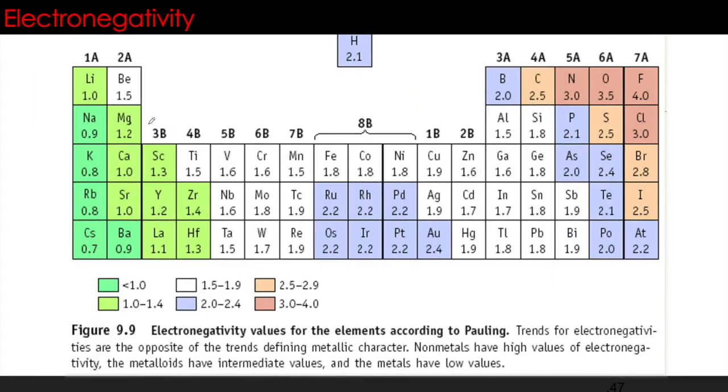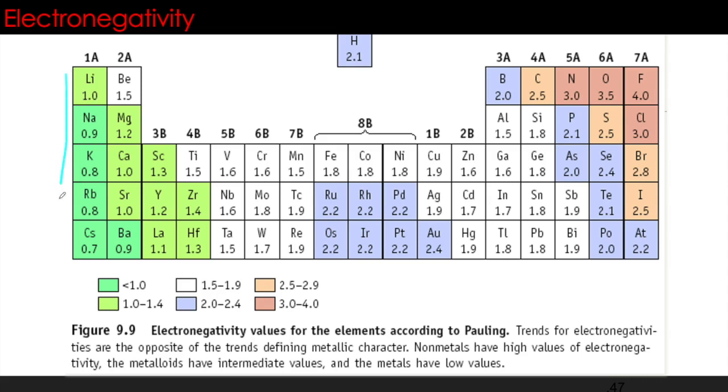There are some values written down in this slide, and these values are the electronegativity values according to Linus Pauling, because of which he was awarded the Nobel Prize. And you can clearly see that the electronegativity value from left, lithium, to right, oxygen or even fluorine, increases, right? Fluorine has an electronegativity value of 4, whereas lithium has a value of 1.